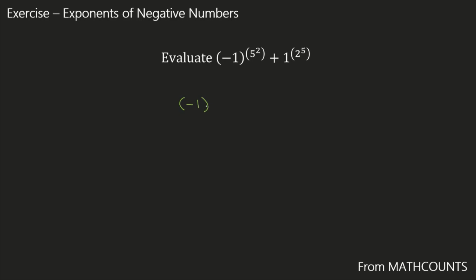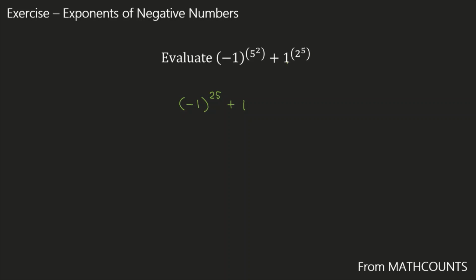We have negative 1 raised to the power of 25 plus 1 raised to the power of something. Now 1 raised to the power of anything is always equal to 1. So that's 1 here. If you're not fully convinced, 2 to the fifth is equal to 32.